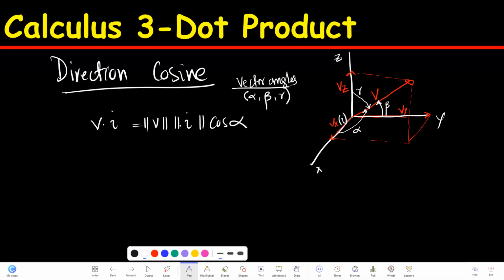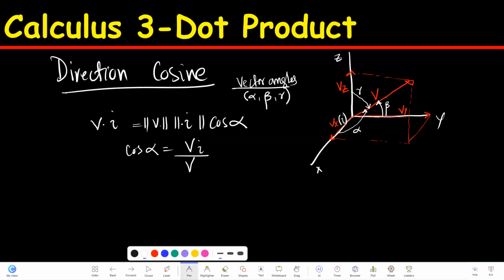So here, cosine alpha equals vi over v, the full, complete vector.